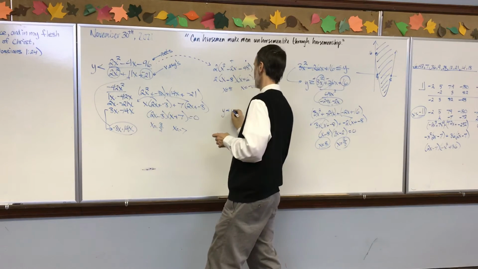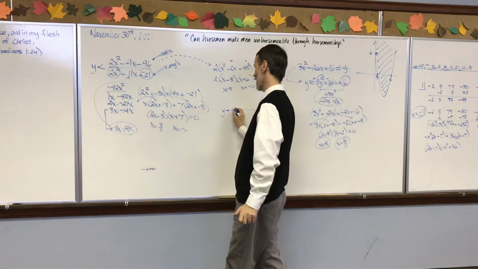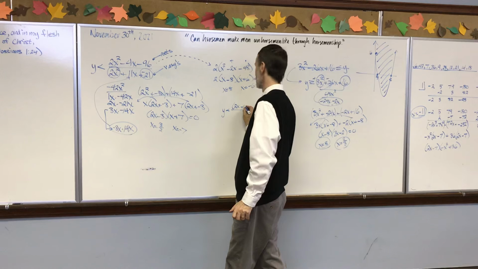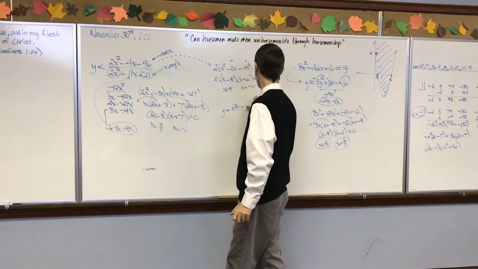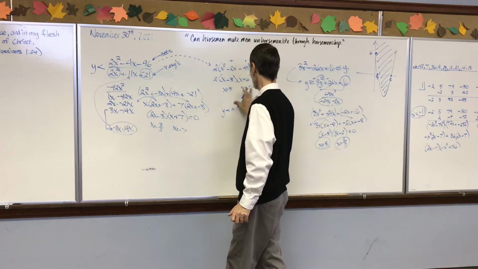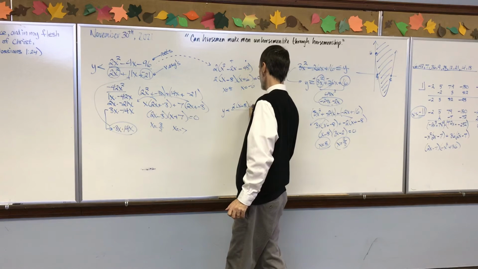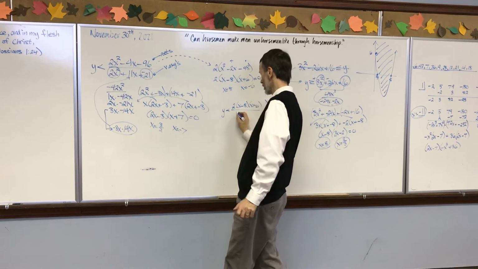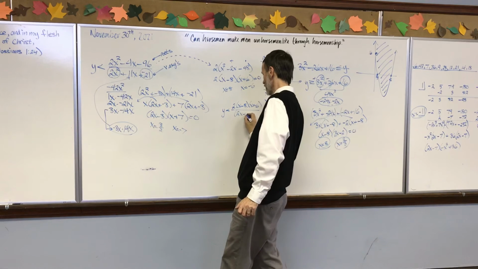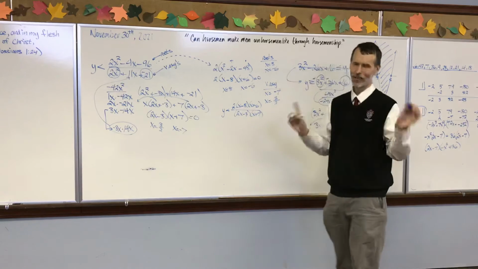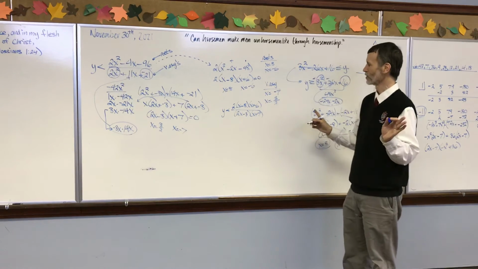Y is less than, the top is 2 parentheses, x minus 8, parentheses, x plus 6. And the bottom is parentheses 2x minus 3 and x plus 7. So nothing cancels, so there are no holes, so you don't have to worry about those.